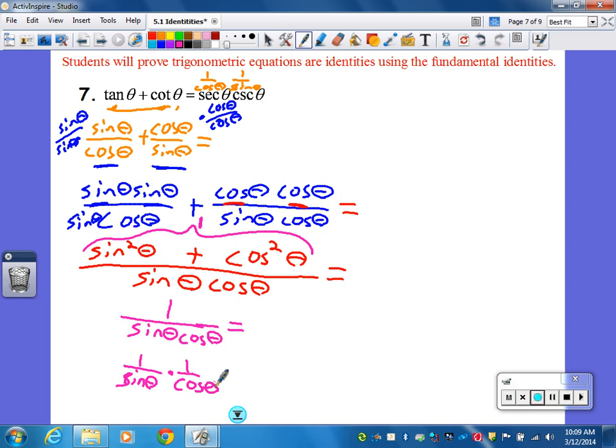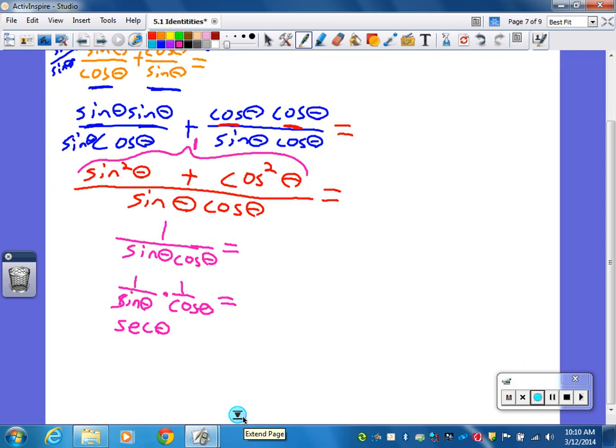Well, let's think about this. What did we want? We wanted secant times cosecant. Don't we have it now? We have 1 over sine theta, which is actually cosecant theta, and 1 over cosine theta, which is secant theta, oh, sorry, my bad. So it's actually cosecant theta times secant theta.